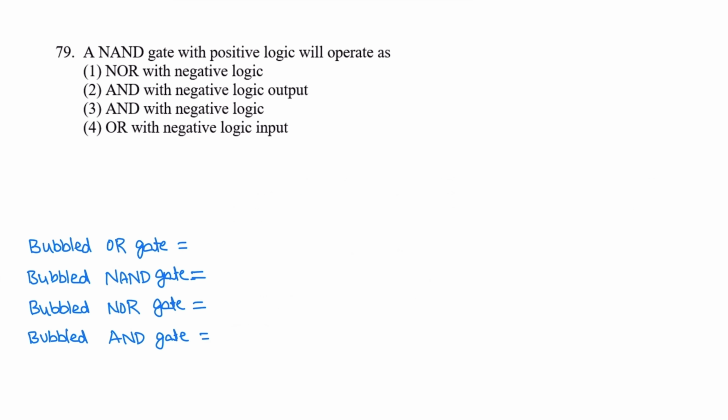Next question. NAND gate with positive logic will operate as, a NAND gate with positive logic is equivalent to an OR gate with negative logic inputs. So the correct option is 4.